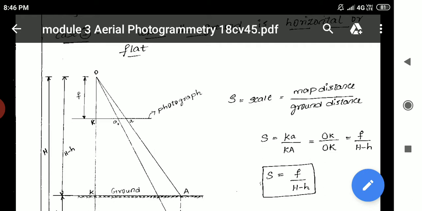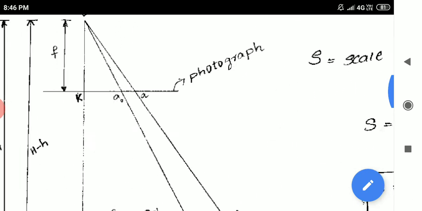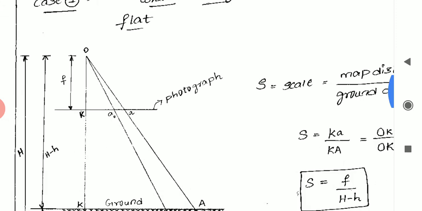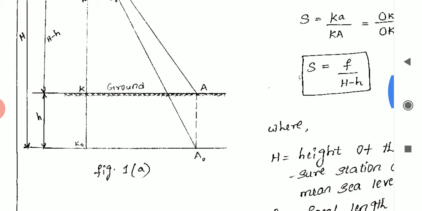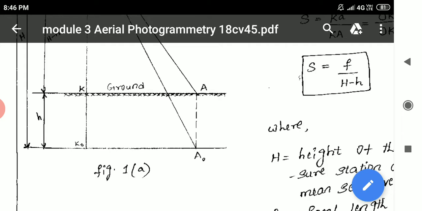A photograph is a perspective projection. The images of ground points are displaced because there will be a variation in the ground elevation. The figure shows images of two points, A and A naught, vertically above each other.